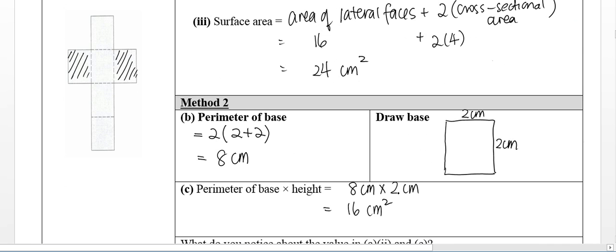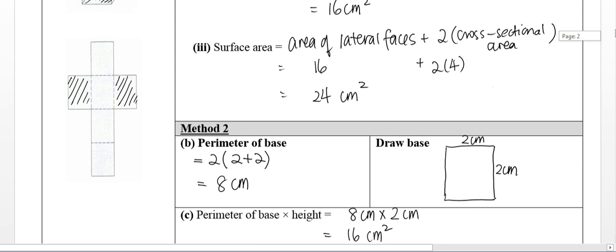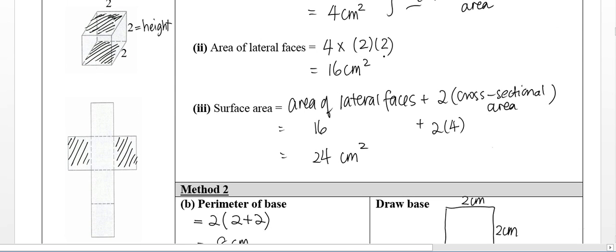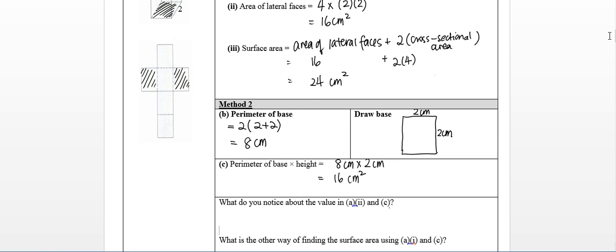And what is interesting about this 16 cm square is it is actually related to an earlier value that we calculated here. See? And this 16 cm square is actually the area of lateral faces. So what do you notice about the value in A part 2 and part C? They are equal, right? So the values are equal.